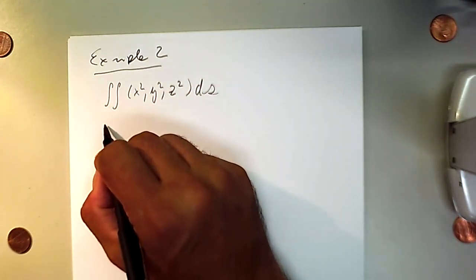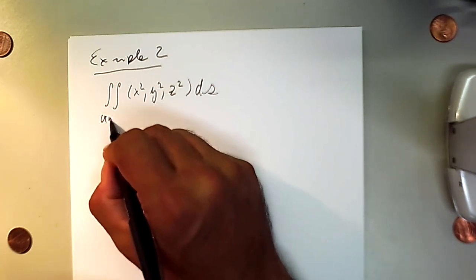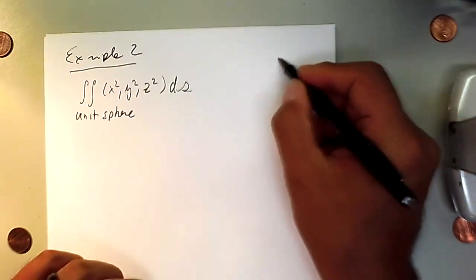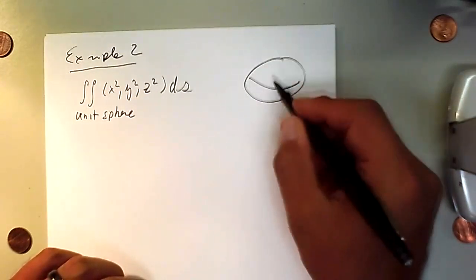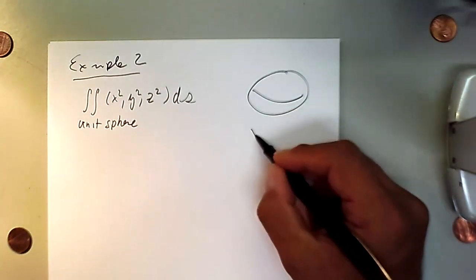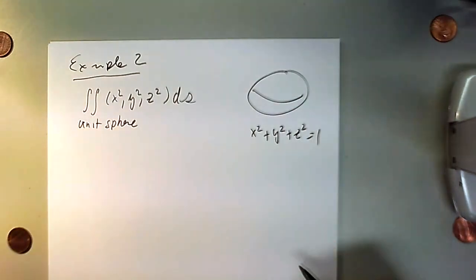But the surface will be the unit sphere. So a sphere centered at the origin with radius 1. You guys know the equation of a unit sphere.